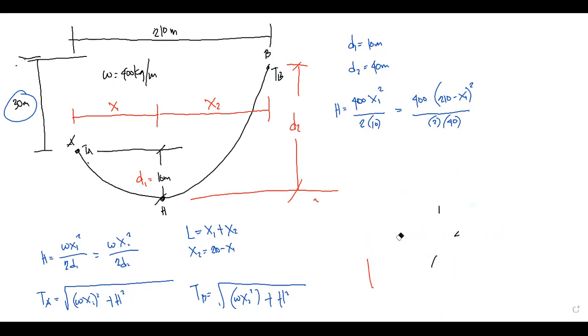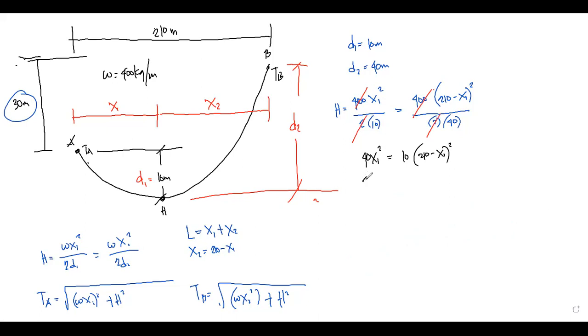Okay, so we have here, or we can cancel out. So we can cancel out 402 together with this one. Okay, so leaving us 40 x1 square. That's equivalent to 10 times 210 minus x1 square.